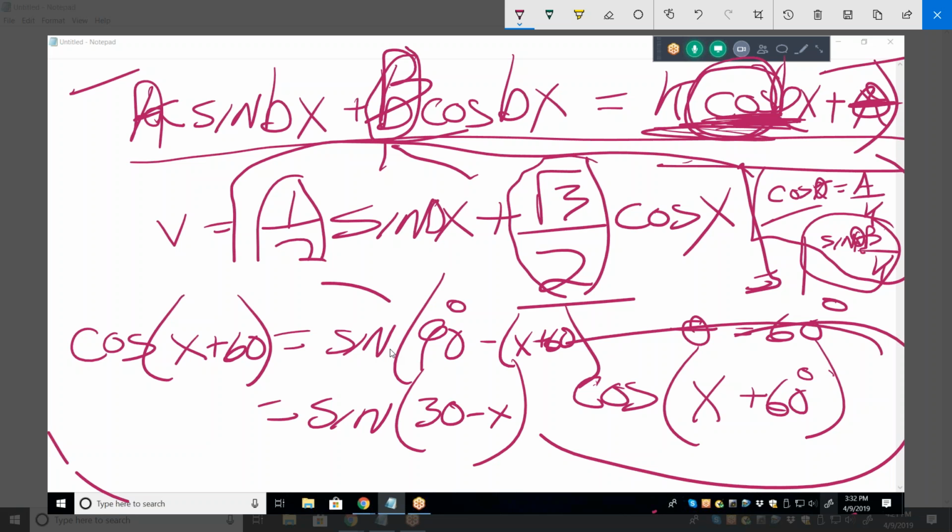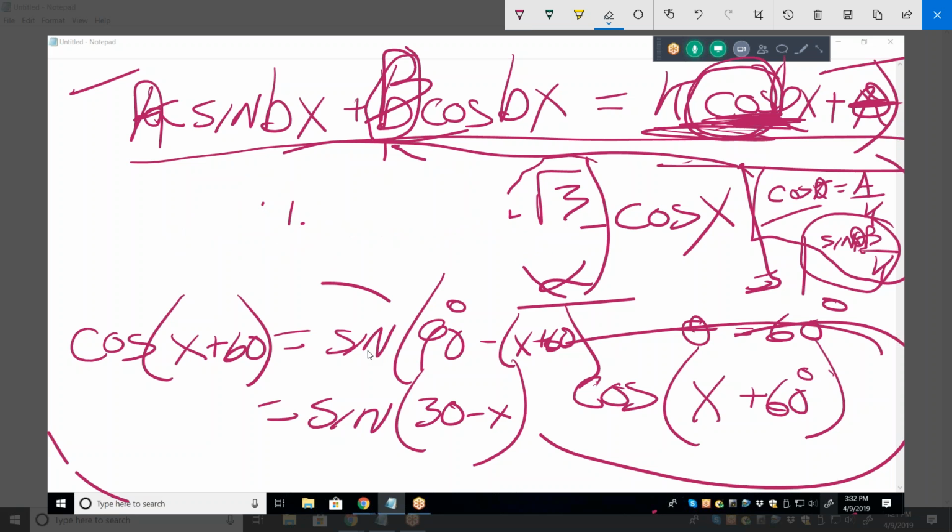Here, I'm staring at some equations here that are sum and difference. I'm sorry, product to sum and sum to product. Does this sound familiar? It sounds familiar, but let me just write one out. And this sounds like it is a sum to product.